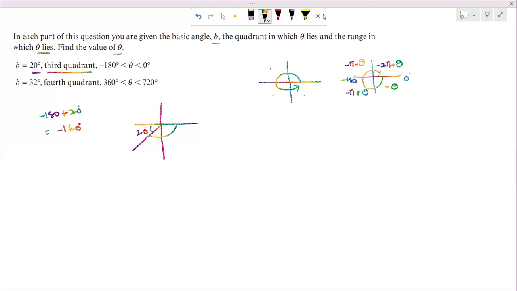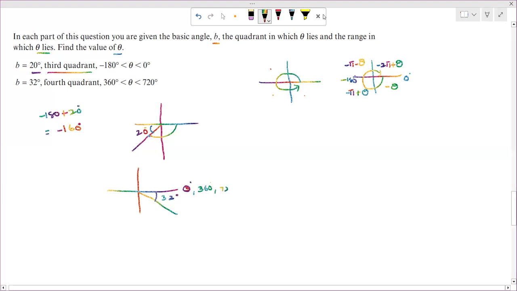Suppose I am considering 32 degrees. 32 degrees means this will be in the fourth quadrant. 32 with the x-axis, this is 32 degrees over here. Now it lies between 0 and 720. This is a positive direction, meaning anti-clockwise. This is 0, again 360 over here, then the second revolution.